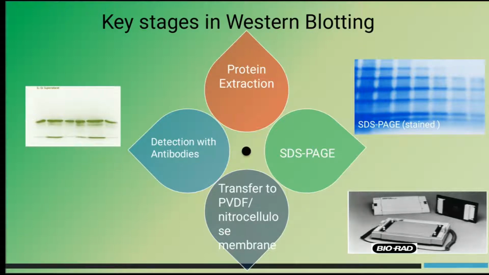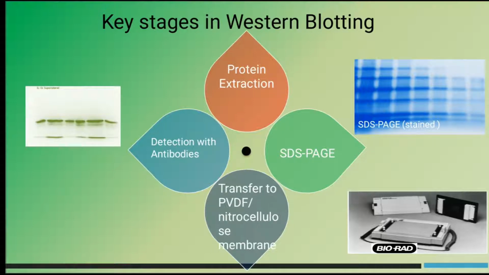Once it is resolved in the SDS-PAGE according to size, then it is transferred to a solid support such as PVDF or nitrocellulose membrane. Mostly nylon is not used for Western blotting, but nowadays optimized nylon membranes are also used, to substitute alcohols present in the transfer buffer.